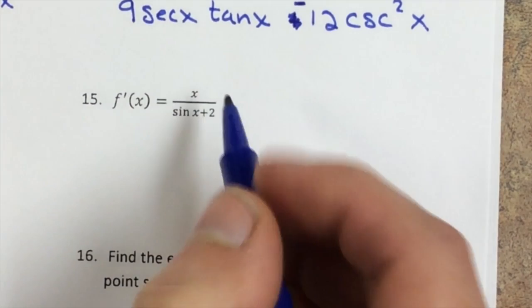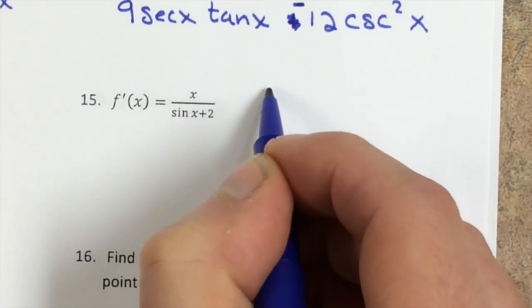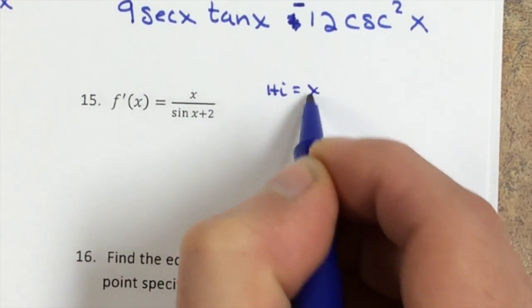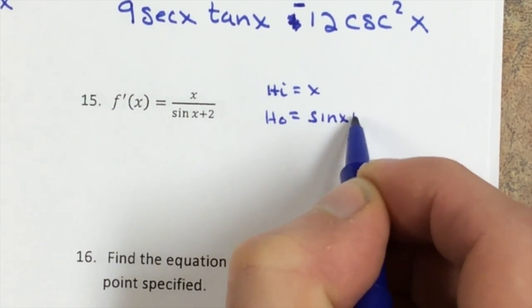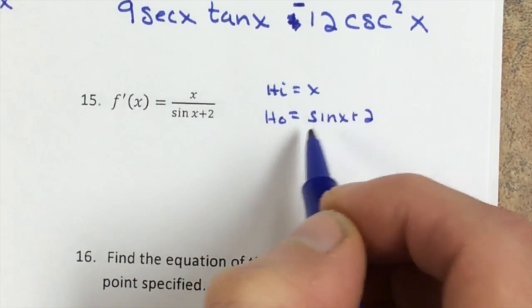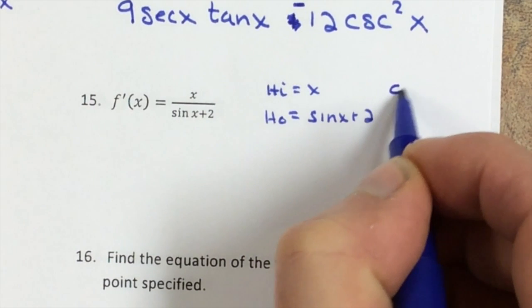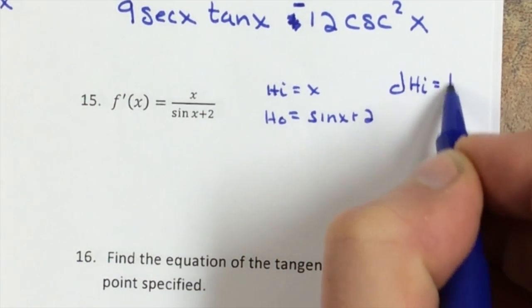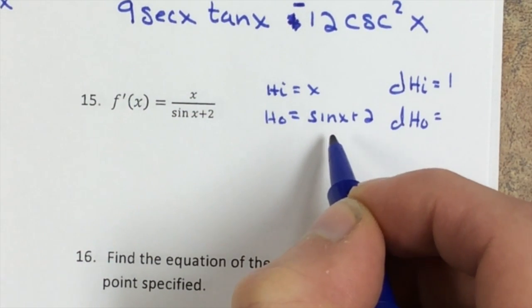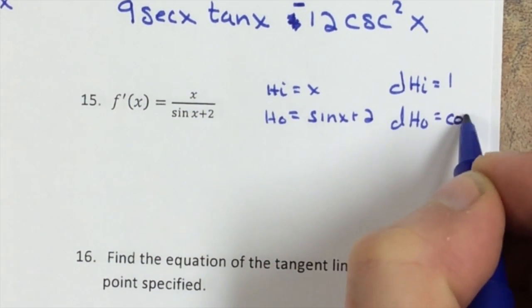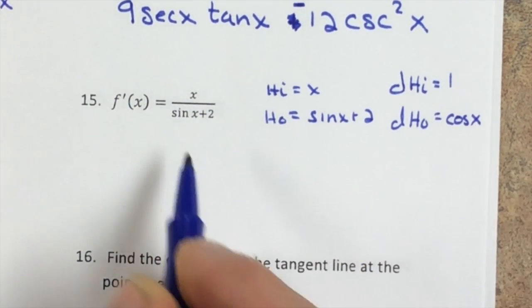15. This is the quotient rule. So what's my high function? It's x. My whole function is sine x plus 2. So ho d high. D high is 1. D ho is, derivative of sine is cosine. So what do I have?